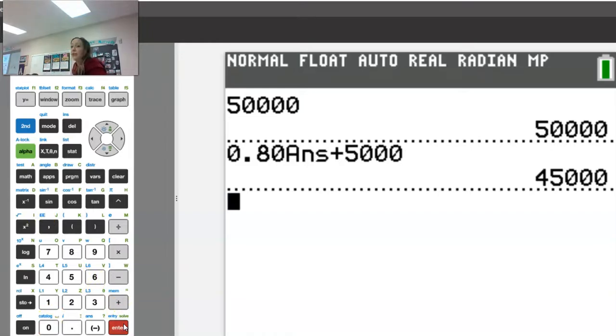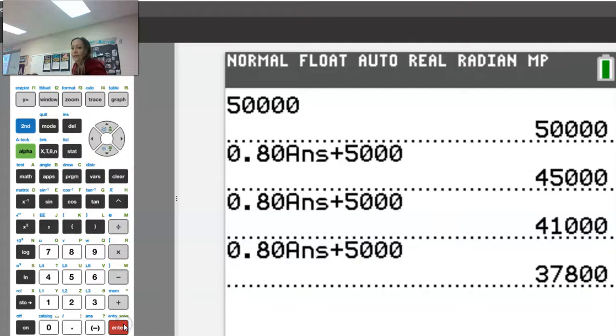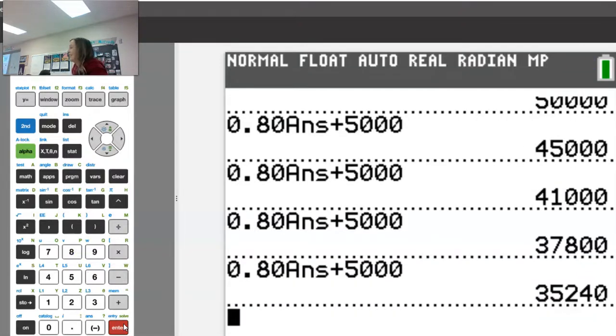Now just press enter again. A sub 3, a sub 4, a sub 5. Isn't that a lot easier than having to type it over and over again? So we keep pressing enter.